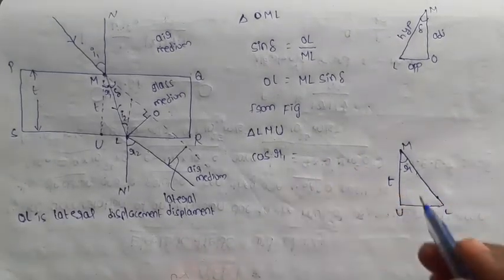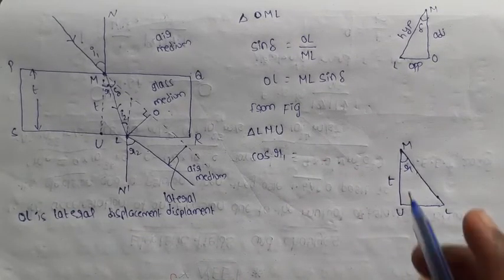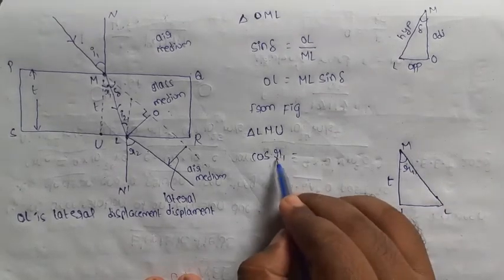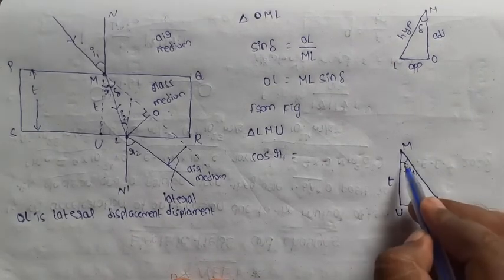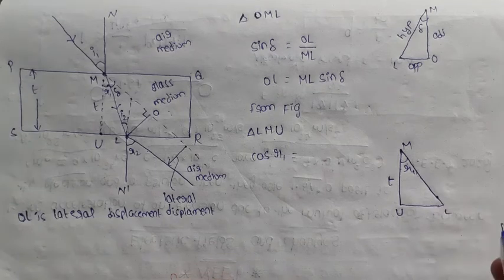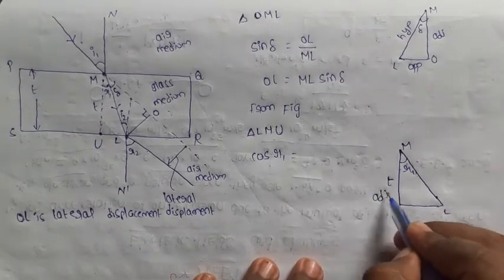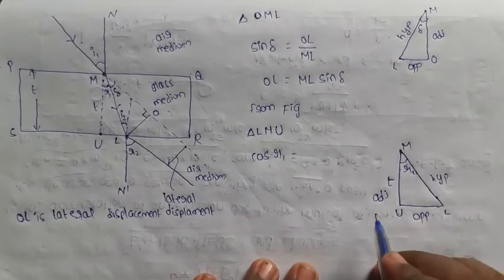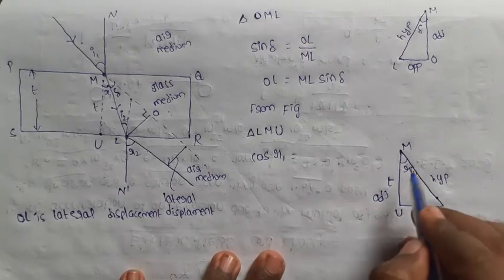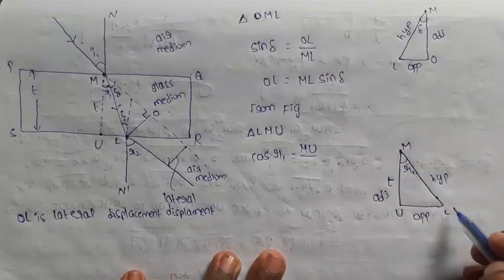I am going to apply cos theta. Here theta is R1. So cos R1 equals adjacent side by hypotenuse. This is the adjacent side, this is the opposite side, this is the hypotenuse. So the adjacent side MU by hypotenuse ML.